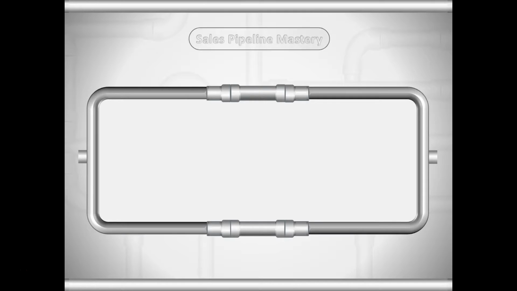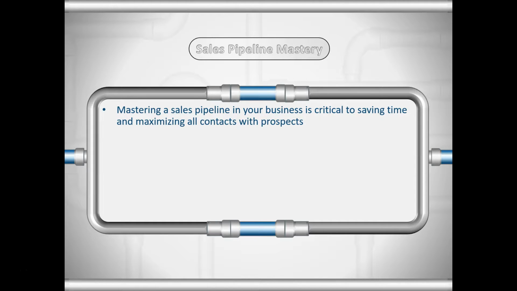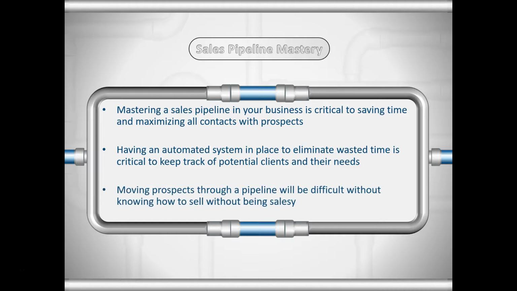So the first thing you need to understand about sales pipeline mastery is that mastering a sales pipeline in your business is critical to saving time and maximizing all the contacts you have with prospects. In addition, having an automated system in place to eliminate wasted time is critical to keep track of potential clients and their needs.